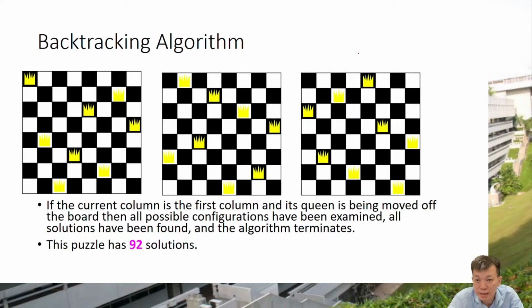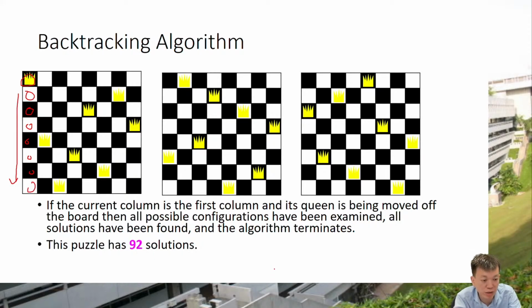For an 8 by 8 board, actually there are 92 solutions. It's not only one solution. I think here I only show you 3 possible solutions. If the current column is the first column and its queen is being moved off the board, then all the possible configurations. After you find one solution at the first position, you can start from the second one, third one, fourth one, until you try all the way to the last one.